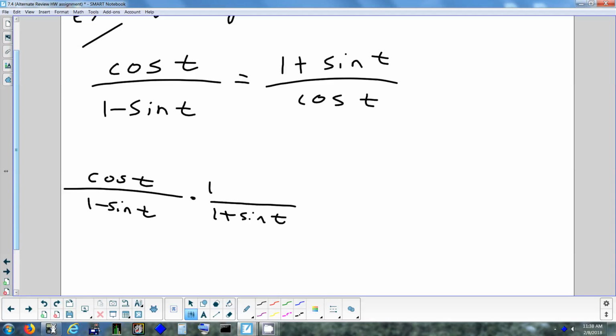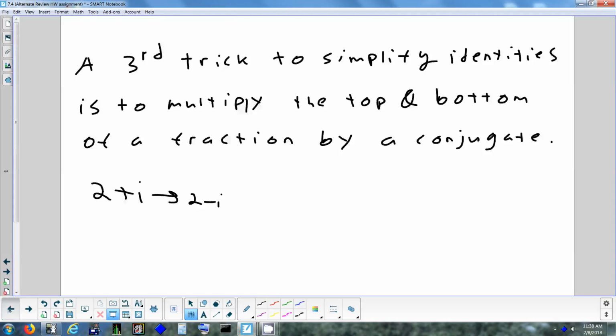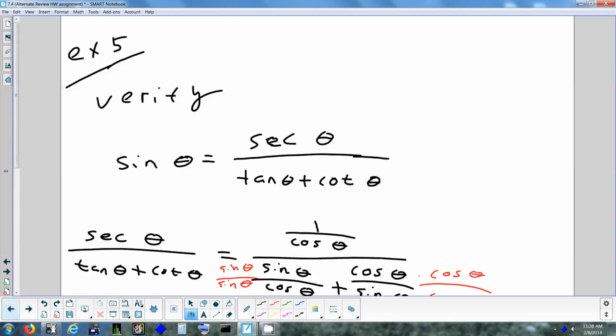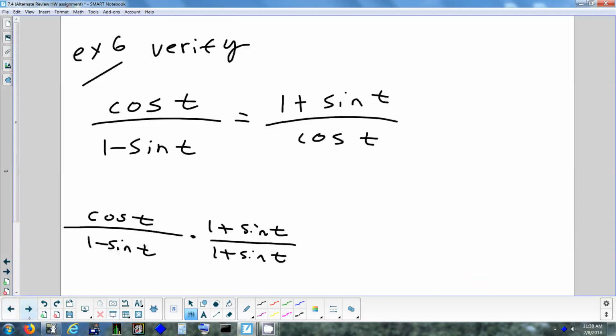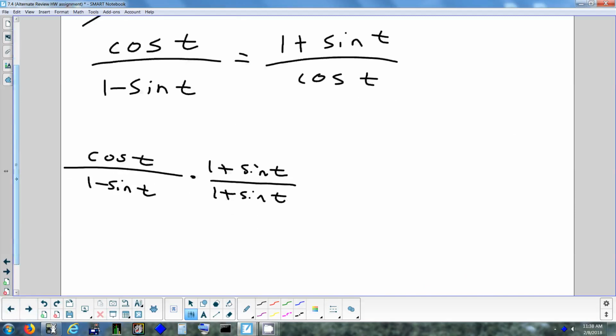Whether you use t as the variable or theta as the variable, that doesn't affect anything at all. You can use whatever variable you want. Now, whenever you have a problem like this, you have to use FOIL, distribute it all out. But I'm going to start with the bottom.